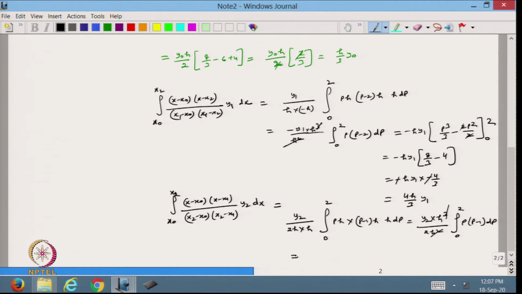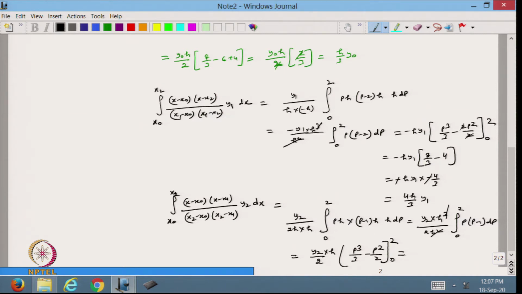and if you do the calculation again, it will be y2 over 2 into h, and the integration will be p into p minus 1. So, it will be p cube by 3 minus p square by 2 from 0 to 2.